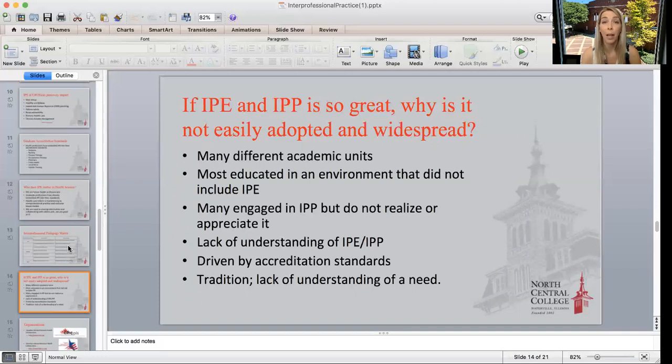Because we have such a focus on, well, you have a lot to do within your respective majors, we don't have a lot of time to go and interact with people outside of it. That can be a reason why it's not easily adopted. Many engage in interprofessional education, but they don't realize or appreciate it.